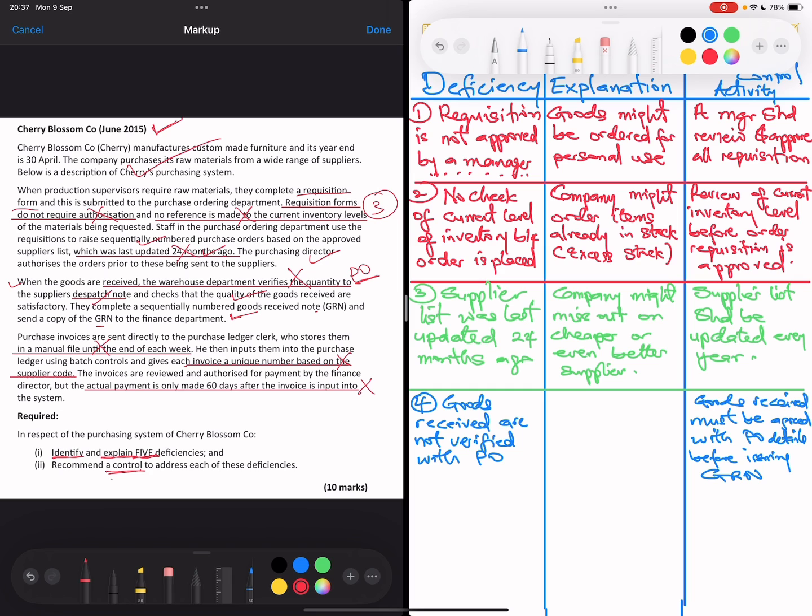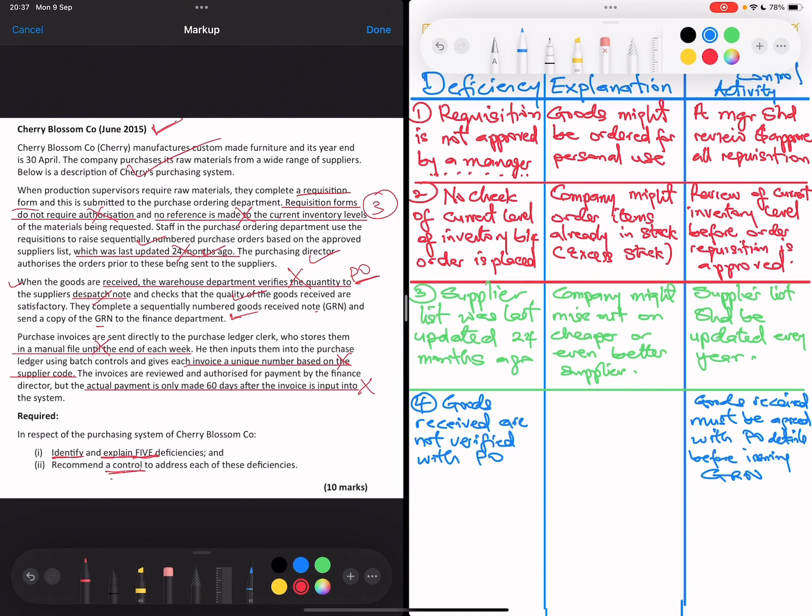Don't issue goods received notes until that comparison is done and you are satisfied that what the supplier has delivered is the same as what you have ordered. What you have ordered is in the PO. You compare that with the actual goods the supplier has brought in. If both are okay, then you can issue a goods received note confirming that you have received an item.